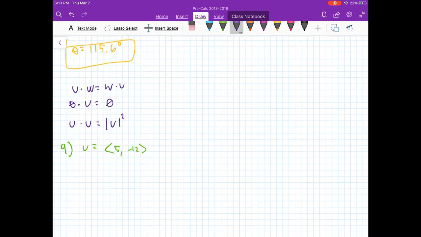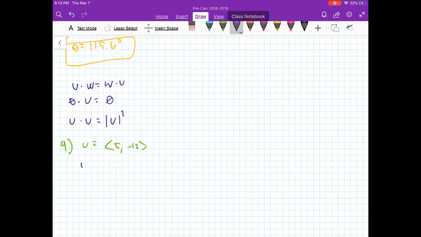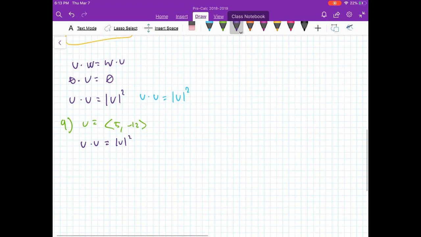Well, we know, and this is very helpful, that the dot product of u and u equals the magnitude of u squared. This is something you should write down in your notebook. If we want to find the magnitude of u, we'll just plug in u everywhere we see u and solve for the magnitude of u.